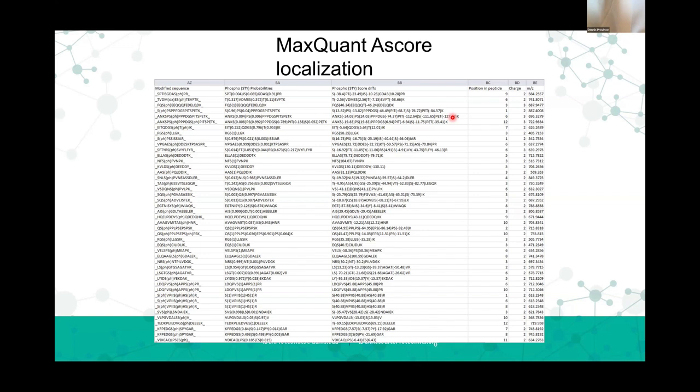Just because you have a low probability of localization doesn't really mean that it's a poor result. It's not just a quality score, and I think sometimes people forget that. They'll filter on 90%, and then you're going to lose some cases where the biology is still there.